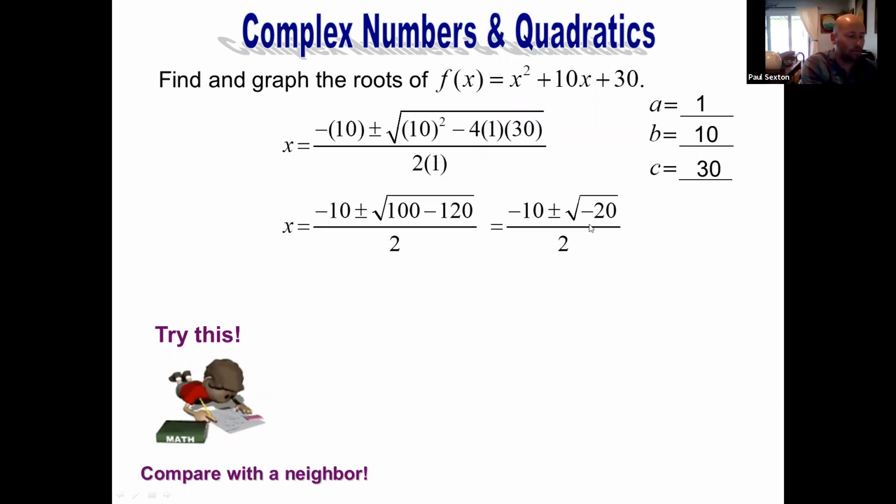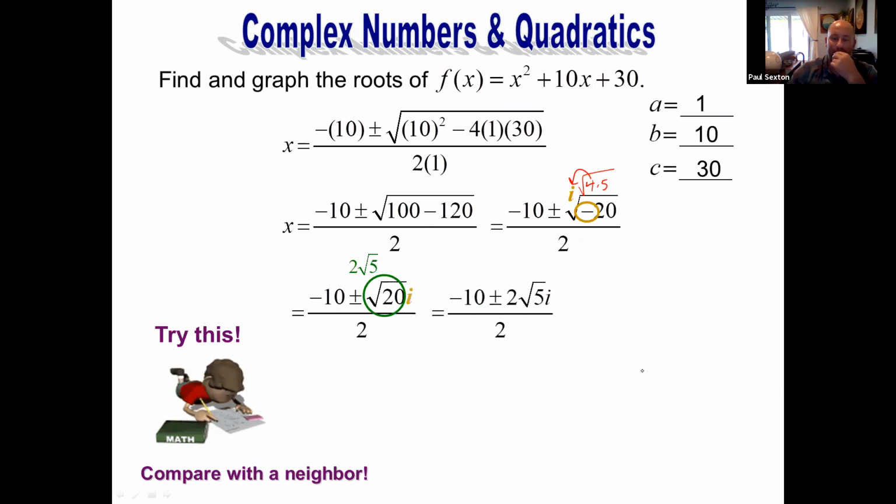Why not 10 and 2? 4 is a perfect square. Thank you. So this is actually 4 times 5, and then you could take the square root of 4 out. Okay, so the i comes out, and then that's 2 rad 5.